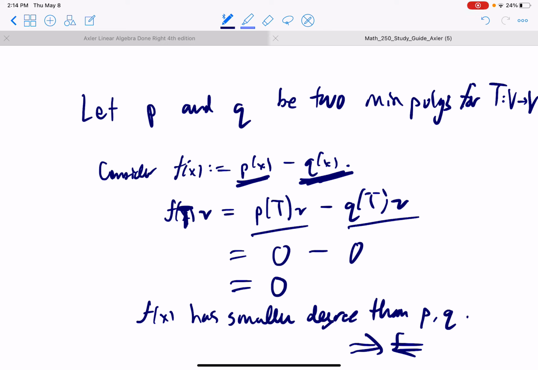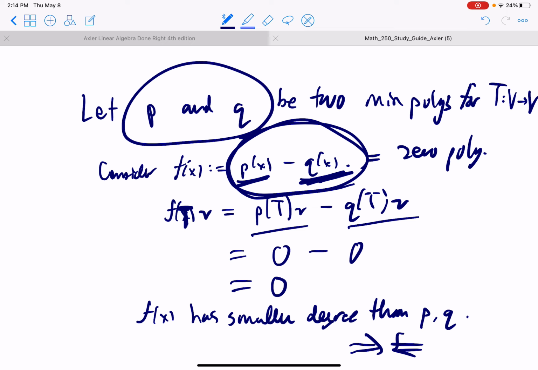That can't happen. And so clearly the only way is if f of x is the 0 polynomial. But if f of x is the 0 polynomial, that just means that p and q were the same. So if you had two minimal polynomials, they have to be equal, because if you subtract them, you get another minimal polynomial of smaller degree. Do you know what I mean?